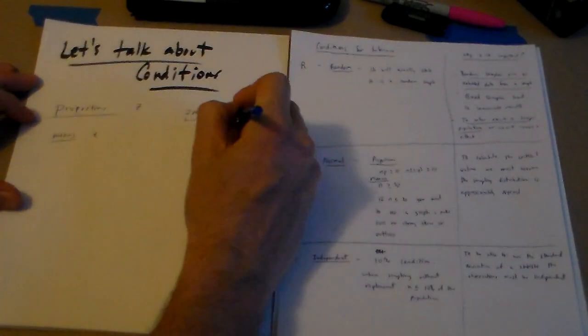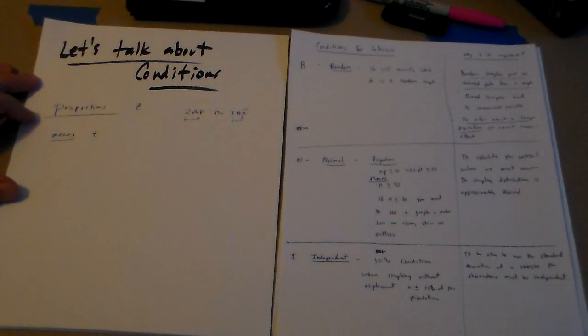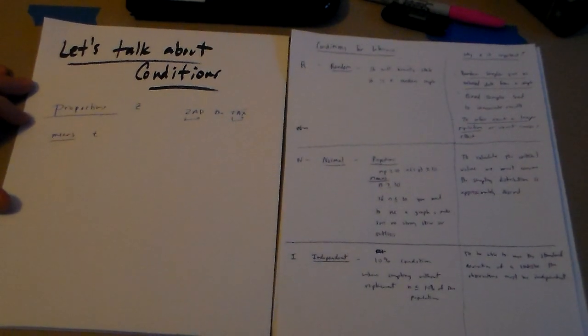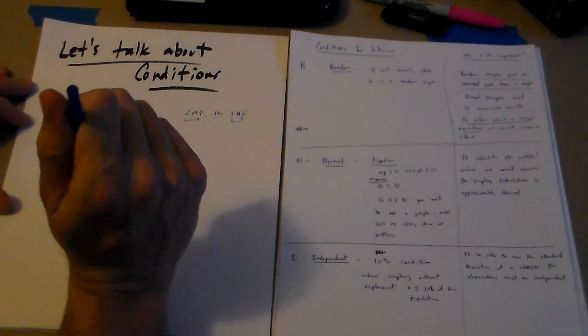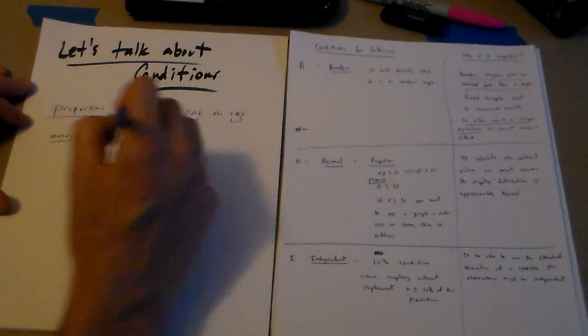Z with proportions, T with X bar, which is a sample mean, okay? So we'll spend a whole other video probably talking about all the different symbols and making sure you don't mix up your symbols. But for now, we're talking about the conditions and we're thinking of the plan section, okay?